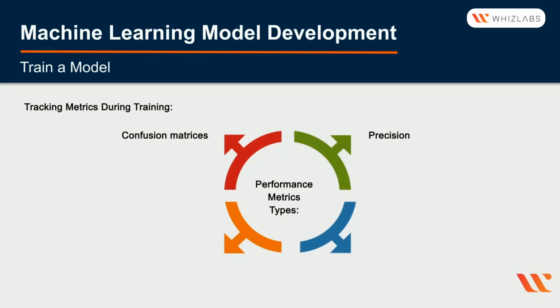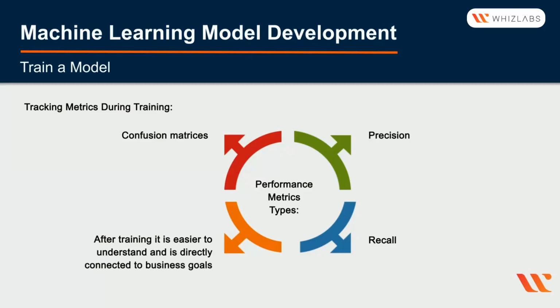When the model said positive, whether the class was right. Then the recall, true positives over all actual positives. Out of all the possible positives, how many did the model correctly identify? After training, it is easier to understand, directly connected to business goals, and retraining or redeployment evaluation can also be processed.